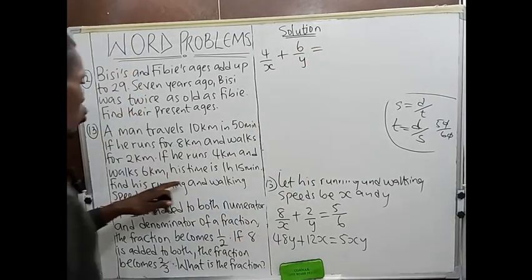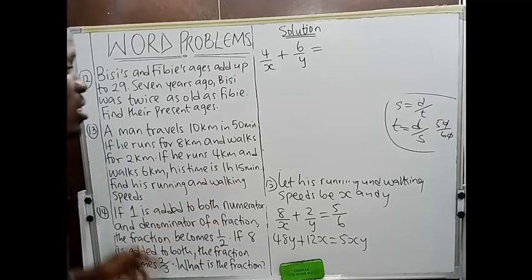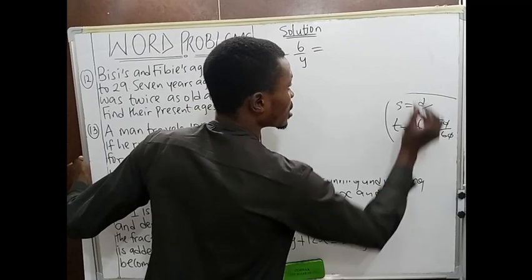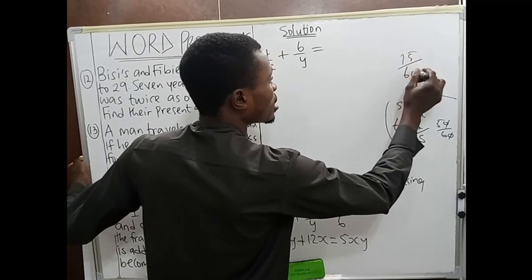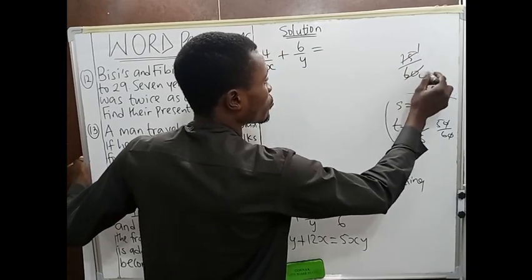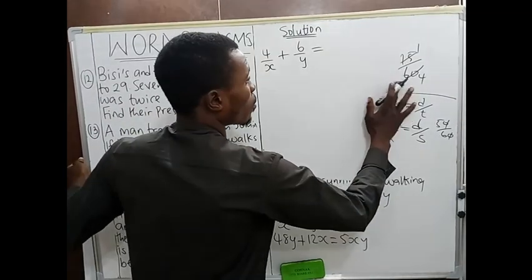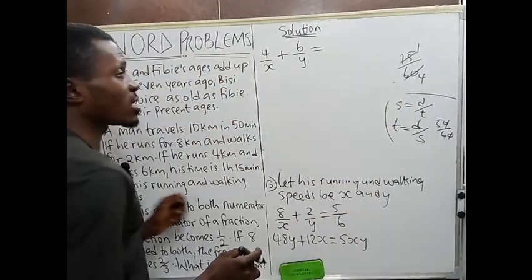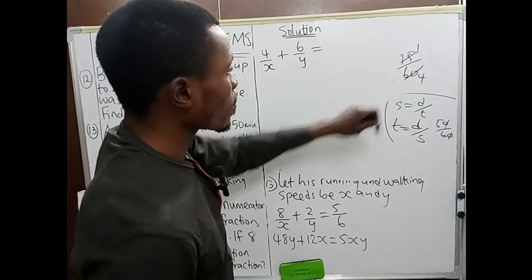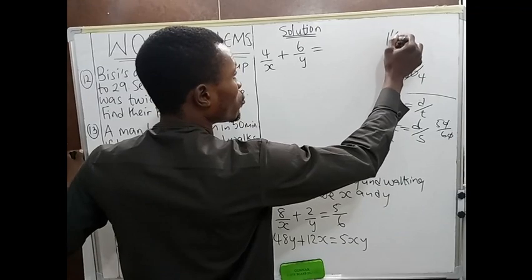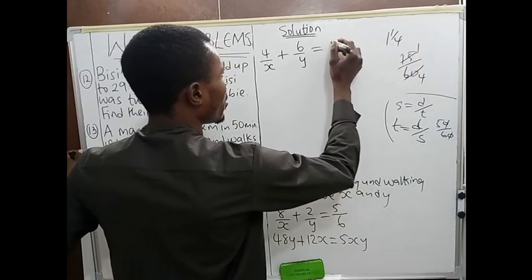This time amounts to 1 hour 15 minutes. 15 minutes is 15 over 60, right? 15 over 60 is 1 over 4. So we have 1 whole number 1 over 4, which is 4 times 1, 4 plus 1, 5.